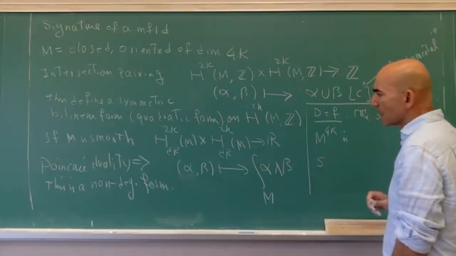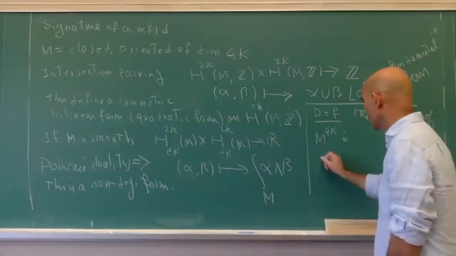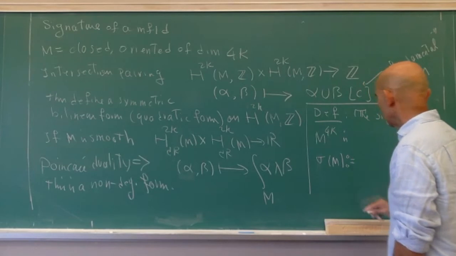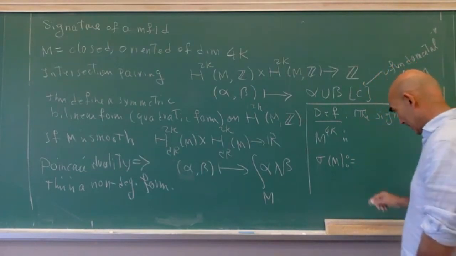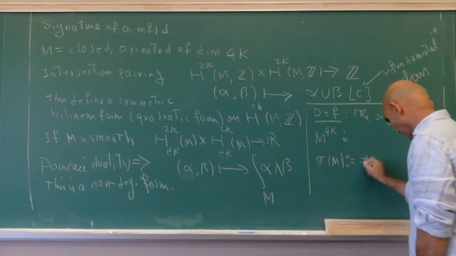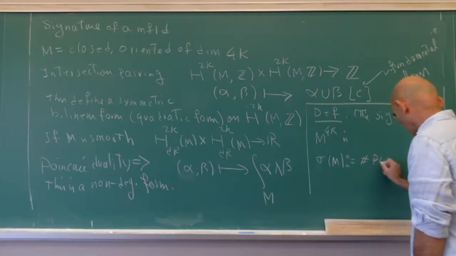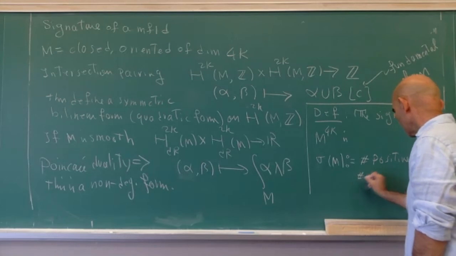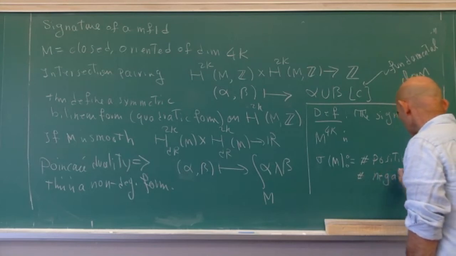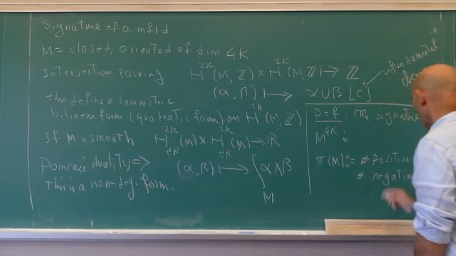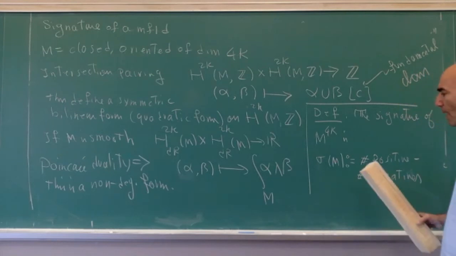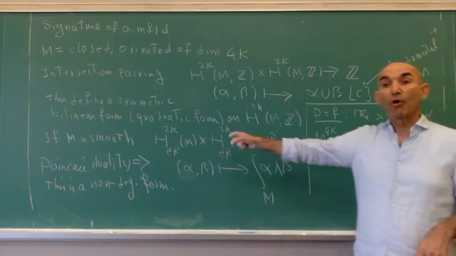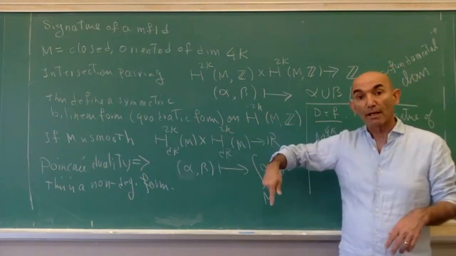Maybe I should put sigma of M: the signature, by definition, is the number of positives minus the number of negatives. So you see, the sum of the two is always 2k because the form is non-degenerate. There are no zeros on the diagonal, right?